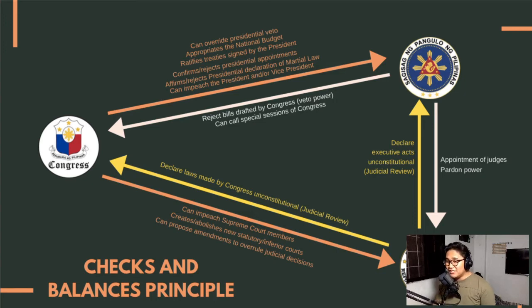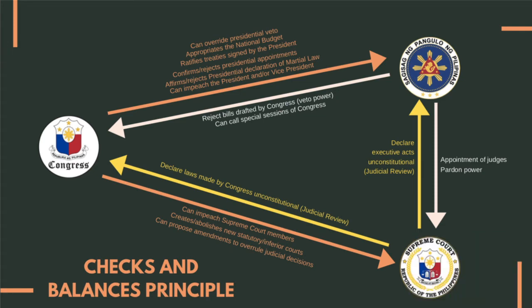So, paano naman chine-check ni dito tayo kay Supreme Court or ng judiciary? Sige, pakita natin siya. Paano chine-check ni judiciary, si Congress, and si President or ang executive branch? So, through judicial review, it is the power of the Supreme Court or the courts of justice to declare acts of the government as unconstitutional.